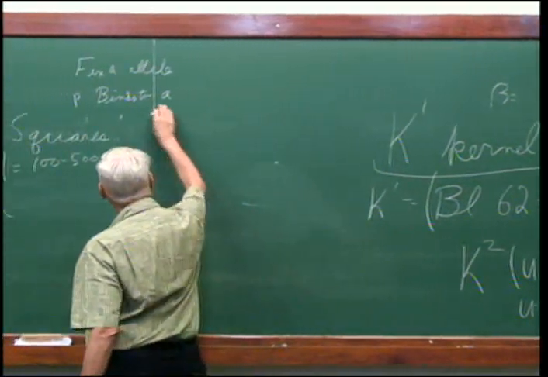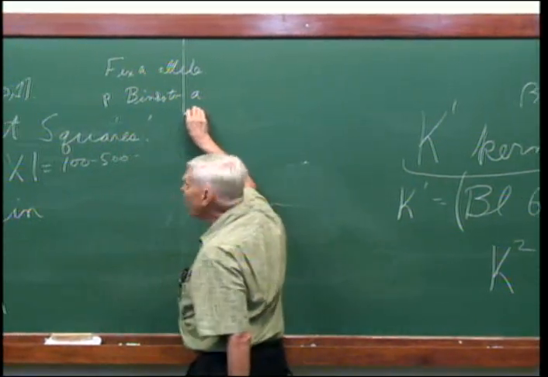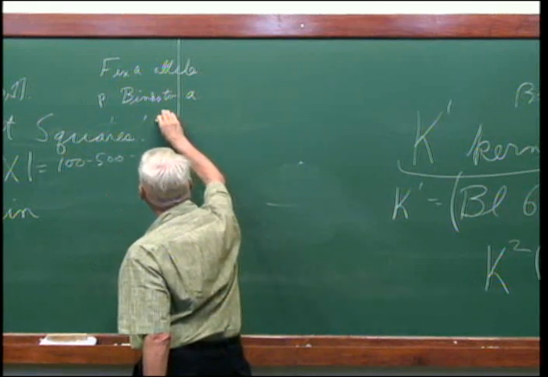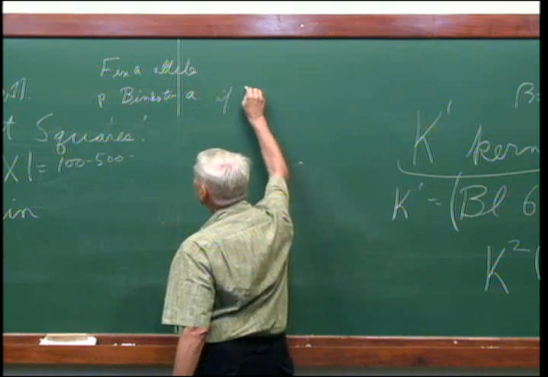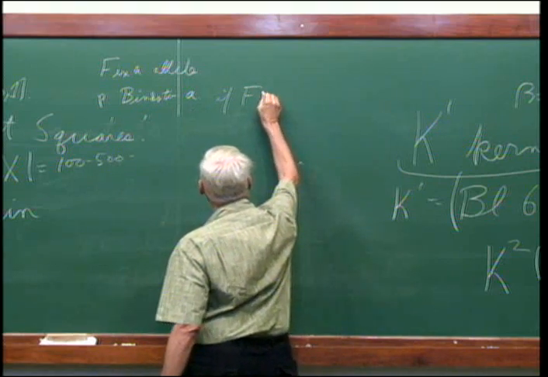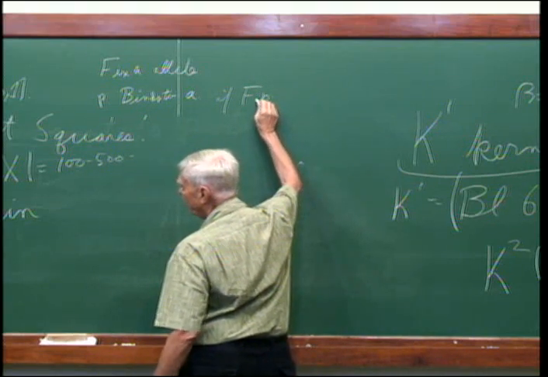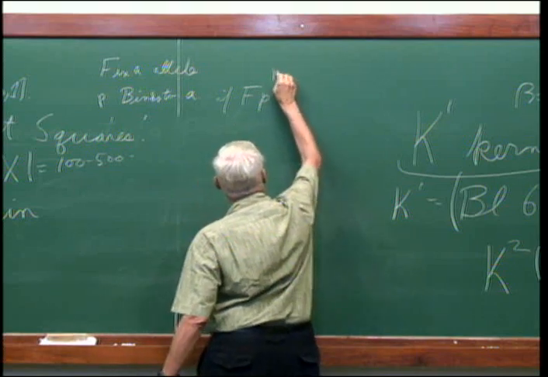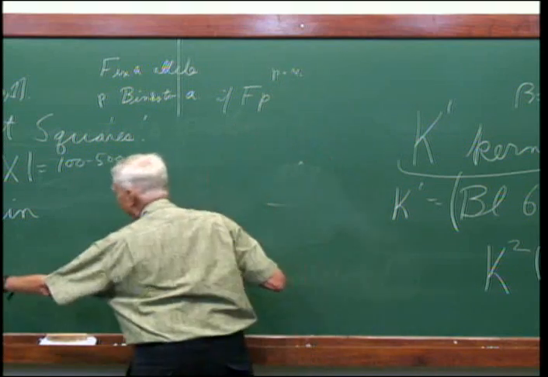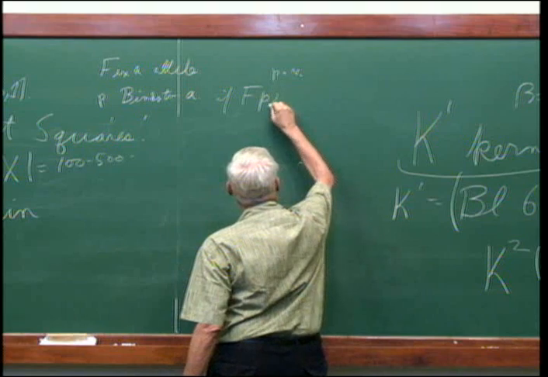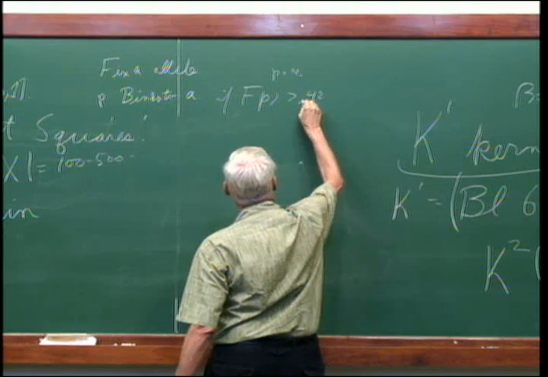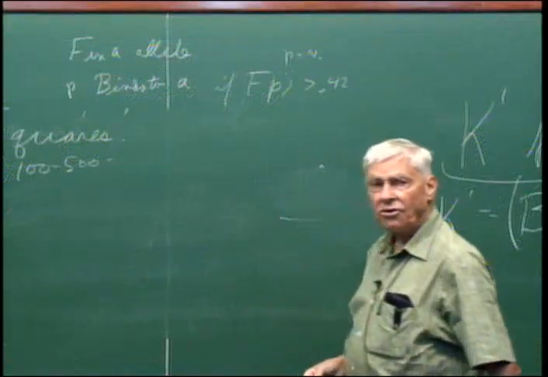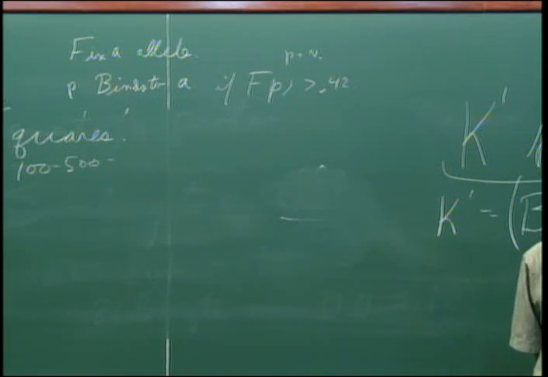So P binds to A is going to be given as a function, and it's a threshold: if P equals the x_i over here, f of P, a peptide, is greater than 0.42 approximately. There's a number there. So this is a threshold for binding.